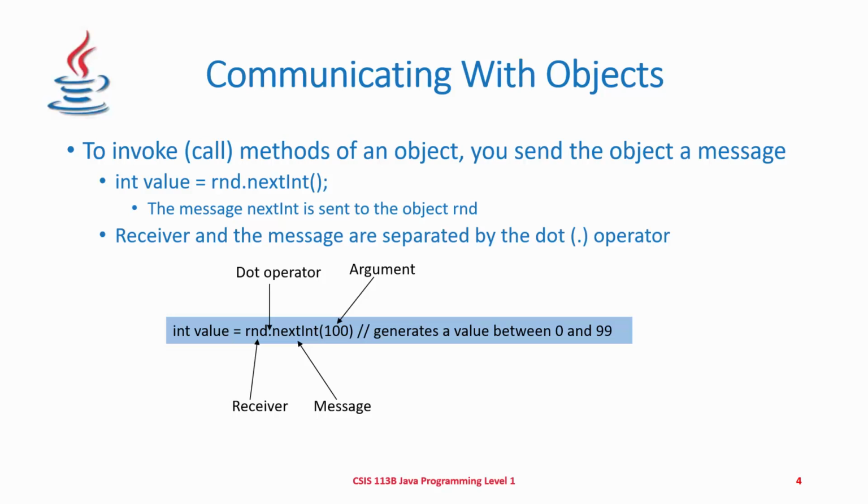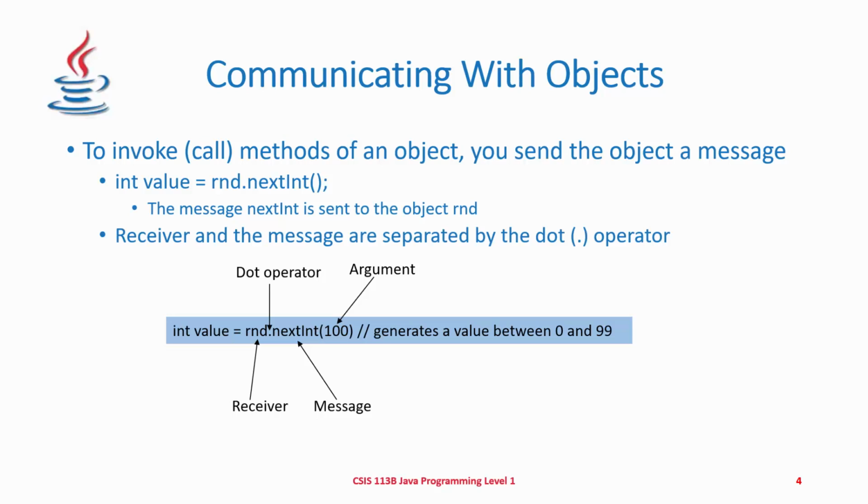Here's an example: a statement where we're creating a variable named value of integer type, and it's being assigned the results of calling the nextInt method from the rand instance of a Random object.